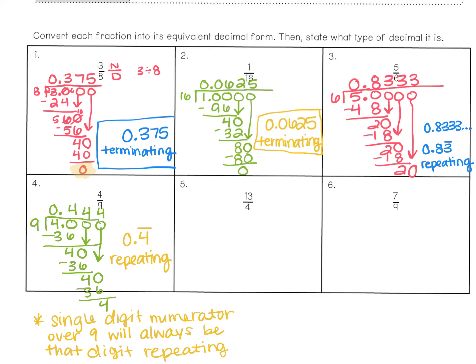So 3/9 would be 0.3 repeating. 5/9 would be 0.5 repeating, and so on and so forth.